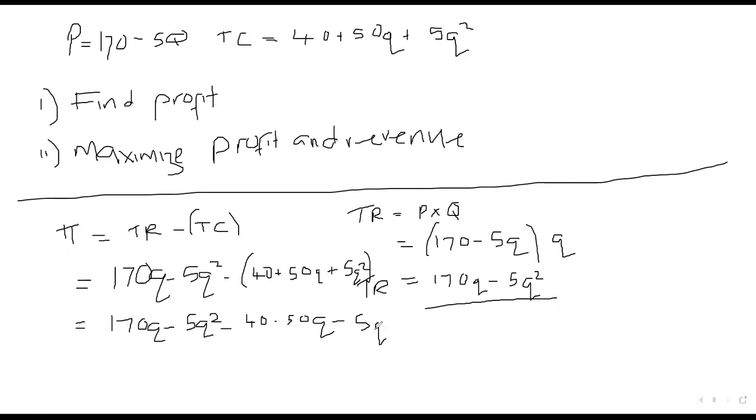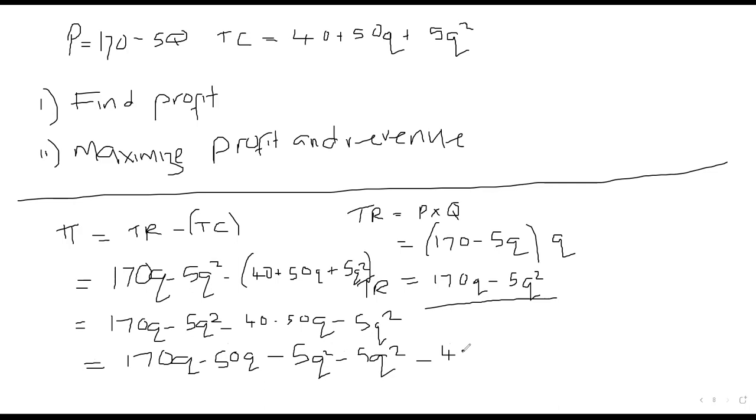Then what do we do next? Like terms together. So 170Q will be with 50Q. Then minus 5Q squared will be with the other 5Q squared. Then which one remains alone? 40.